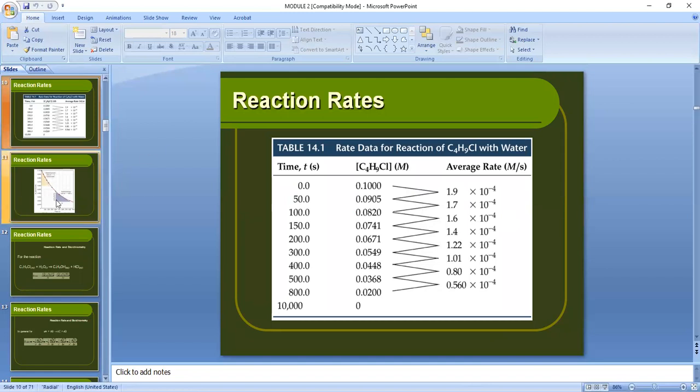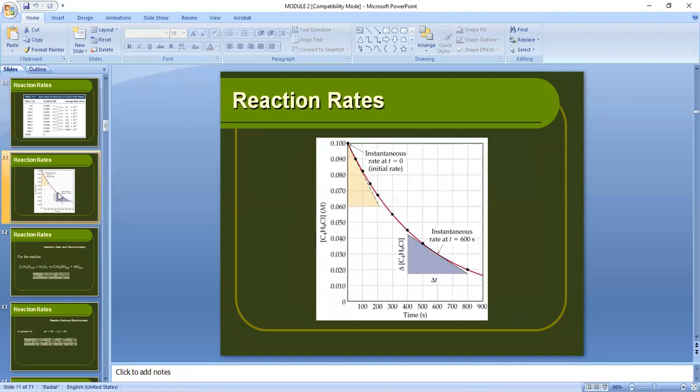This is actually very elementary but very fundamental in nature, and as such, I am explaining it to you: the difference between average and instantaneous rate. Now, in kinetics, what we are measuring actually is the instantaneous rate. At that particular instant, what is the rate of the reaction? When you speak of average rate, it's like saying, on the average, after an hour, what is the rate of your reaction?